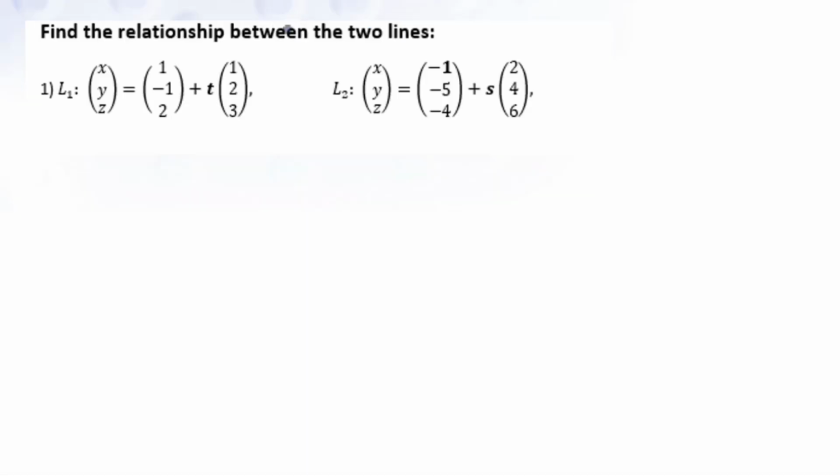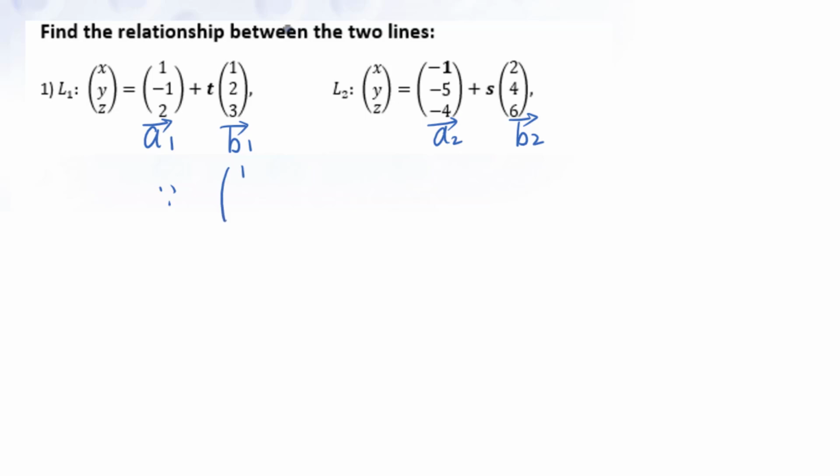Let's go to practice. Find the relationship between the two lines, L1 and L2. We know this is a position vector A1, direction vector B1, position vector A2, direction vector B2.